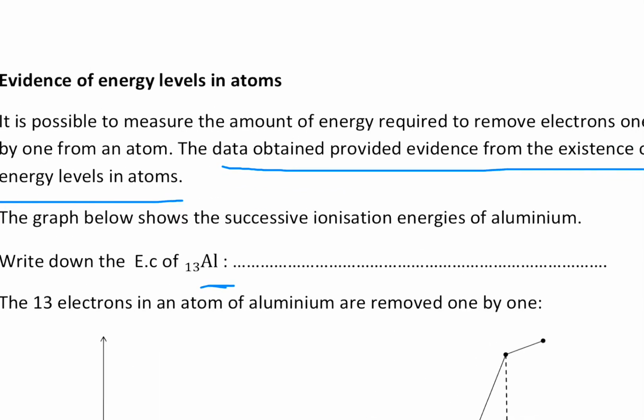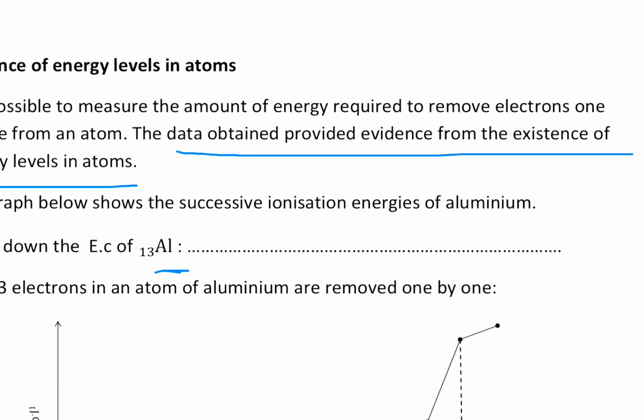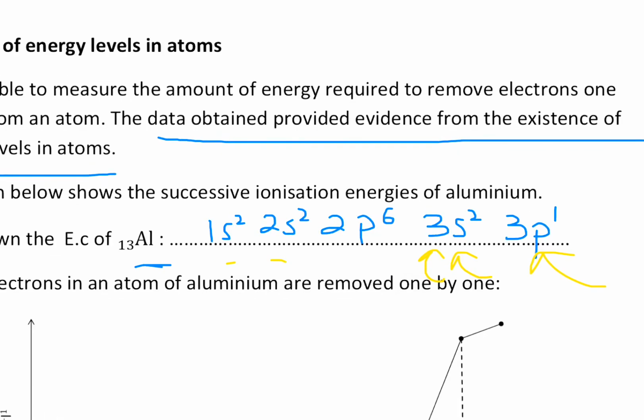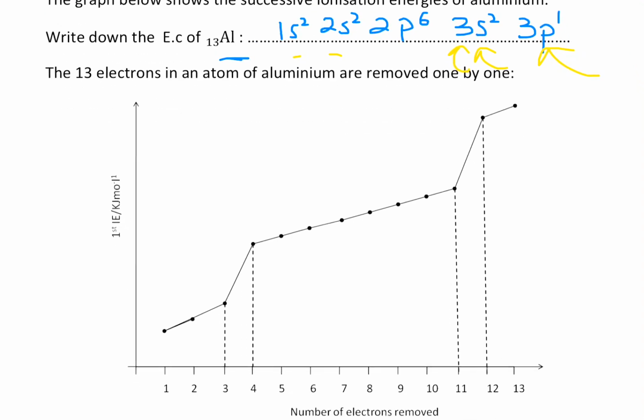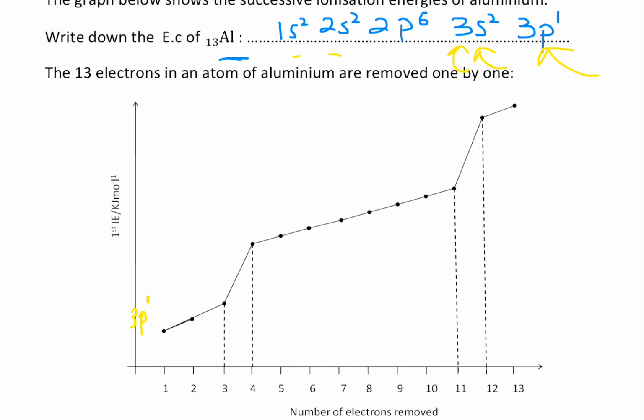If you write the electronic configuration of aluminium, when we are removing electrons, we'll remove electrons one by one. So this one will go first, then the second one, third one, and so forth. And if we measure the ionization energy, you'll see the first electron removed is from the 3p1.